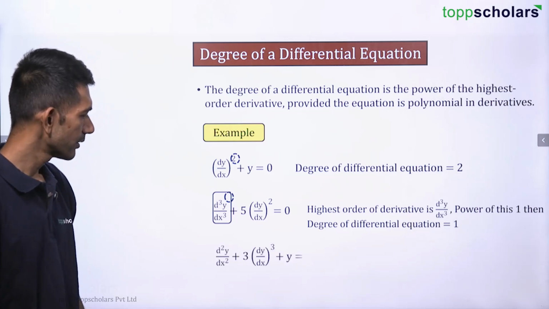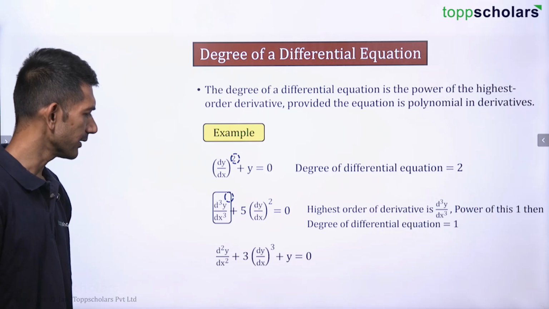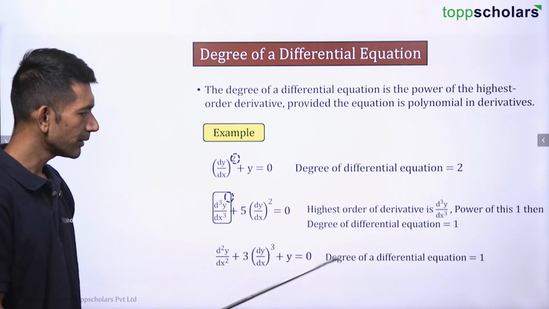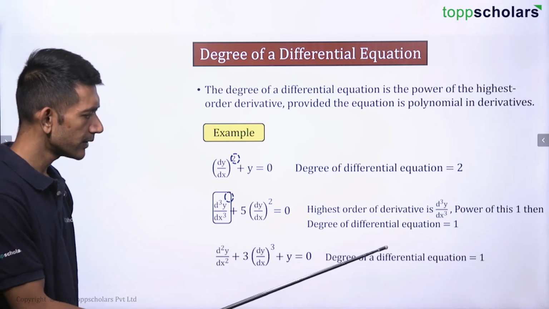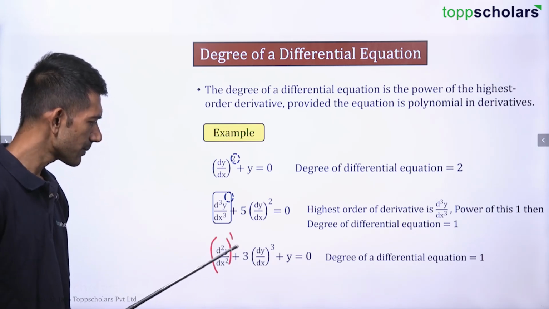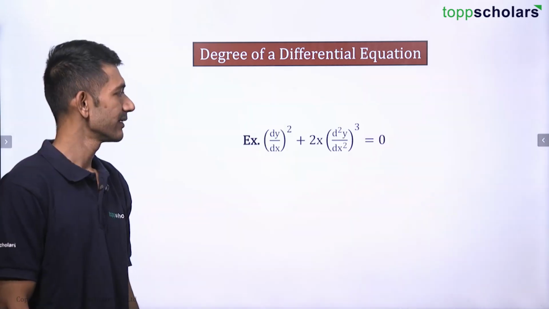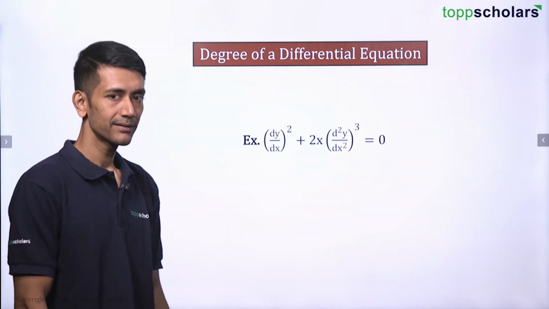And if you see here, in this example, it is 1 basically. Now in this example, definitely the degree of the differential equation, again, the power is 1. So the degree is going to be 1. Simple? Okay. Now we have one more example. Have a look at this example.